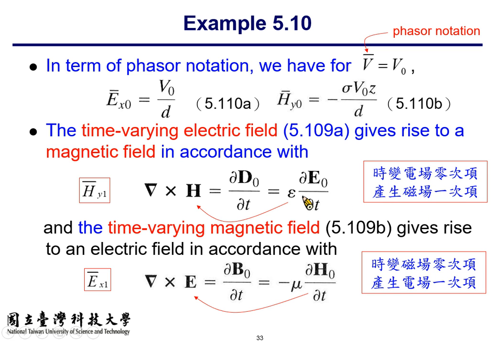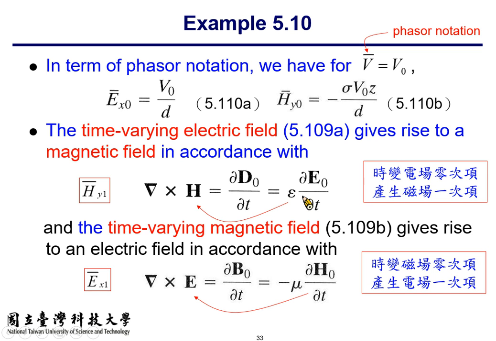So for a time variant voltage source, what is the product? The zeroth order electrical field will produce a first order magnetic field. The zeroth order magnetic field will also produce a first order electrical field using Ampere's law and Faraday's law.